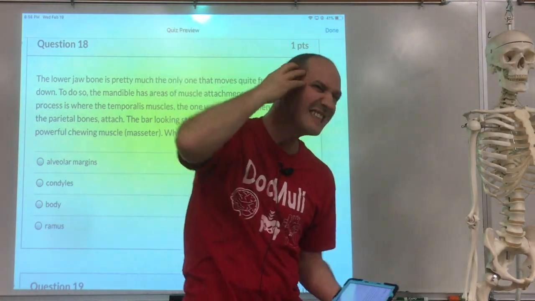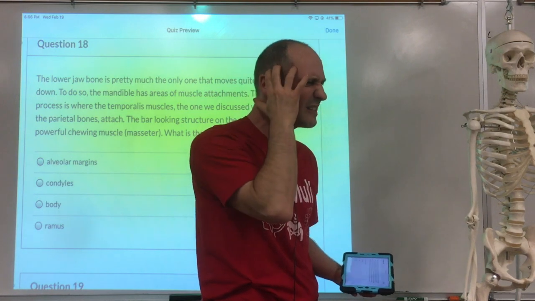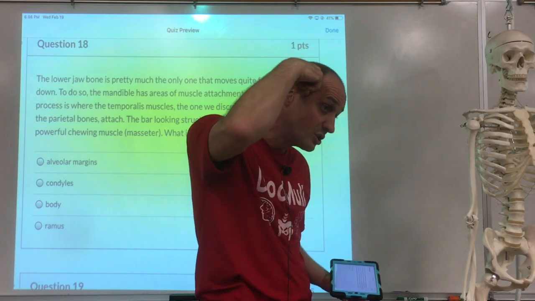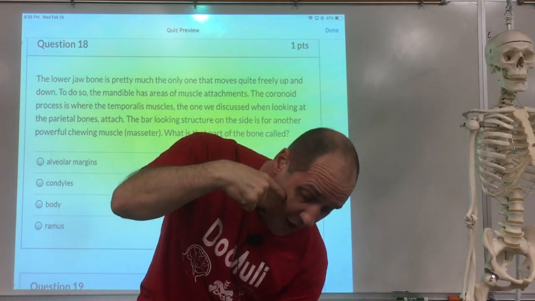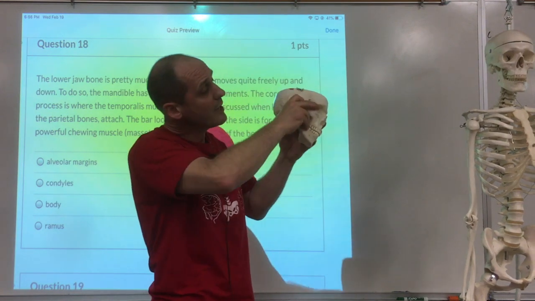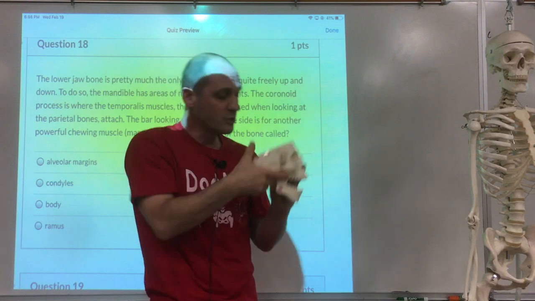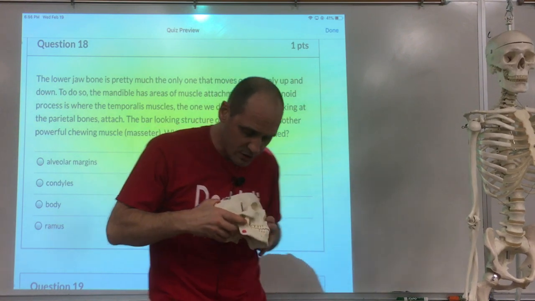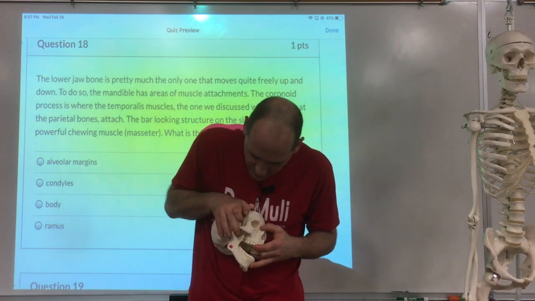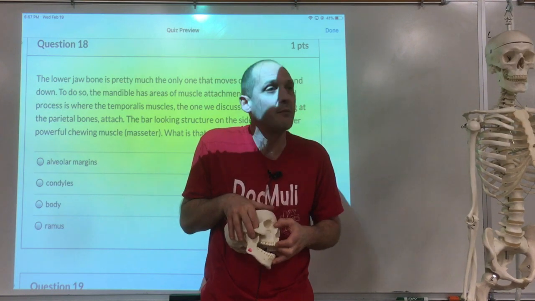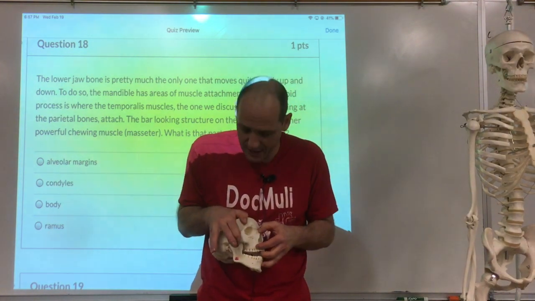So that muscle that's attached right here and bulges up goes down and reaches inward into this part of the mandible. And so you can see how that muscle pulls that mandible close from this angle.